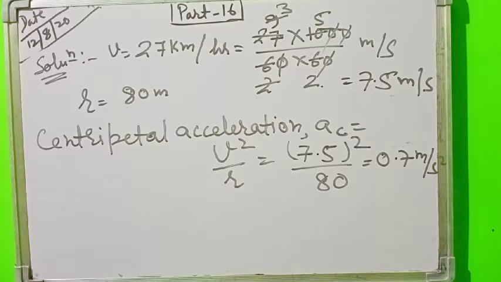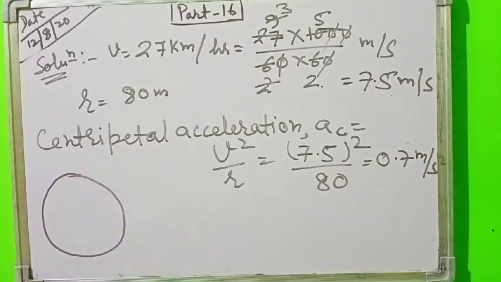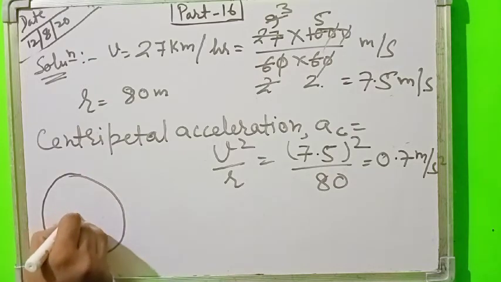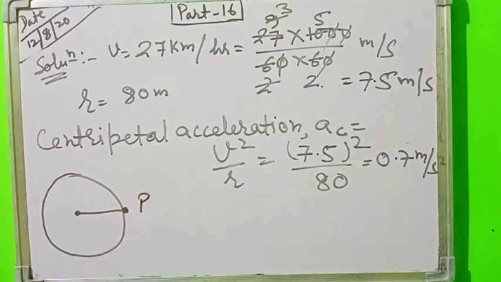Now look at the diagram, students. This is the center of the circular track and this is point P, where the cyclist is moving with velocity v.